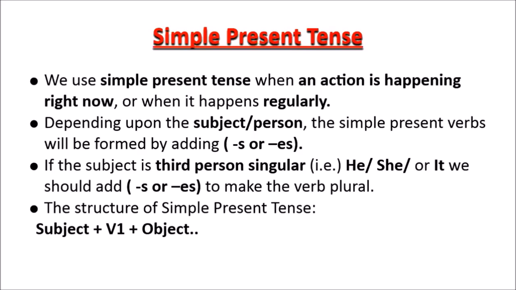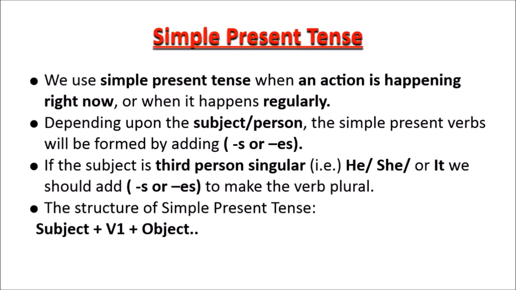We use simple present tense to denote an action that is happening in the present, or the action that is happening right now, or the action that happens regularly, which means the action is a daily routine. So, in order to mark all these things, we should write simple present tense. Clear? So, look at the next one.